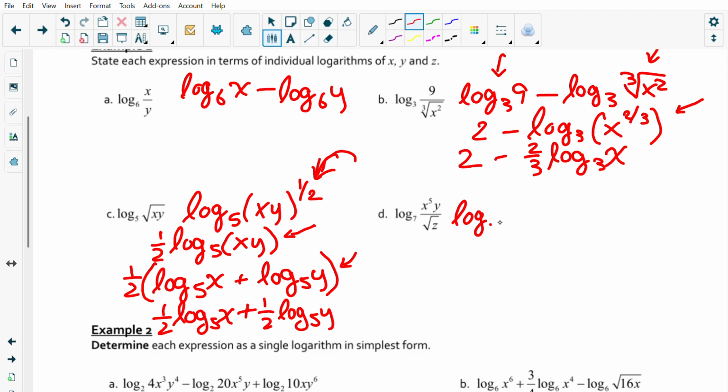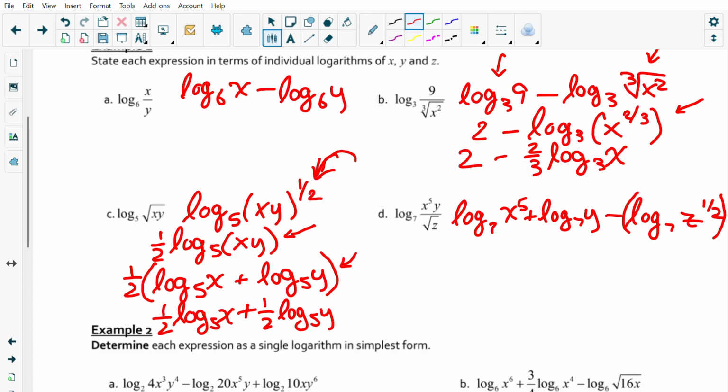So if I do this in one step, log base 7 of x to the 5th plus log base 7 of y minus, quotient law applied to the denominator, log base 7 of z to the 1/2. I'm going to put a set of brackets around there, just to know that it's minus that entire term.